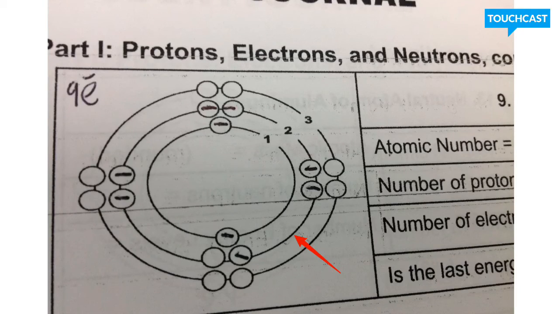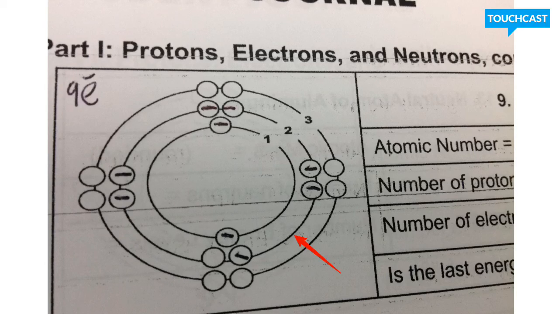Since the first energy level was full, we went to the next one and put our remaining 7 electrons, and then we had to stop because we ran out of electrons. Once again, you will not use every single circle on the model.